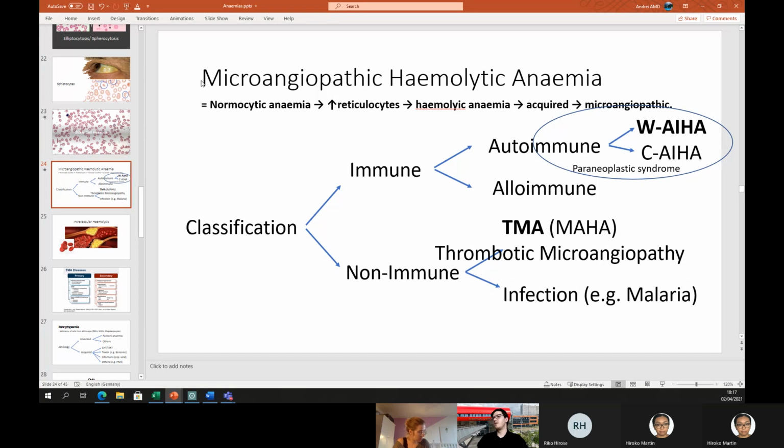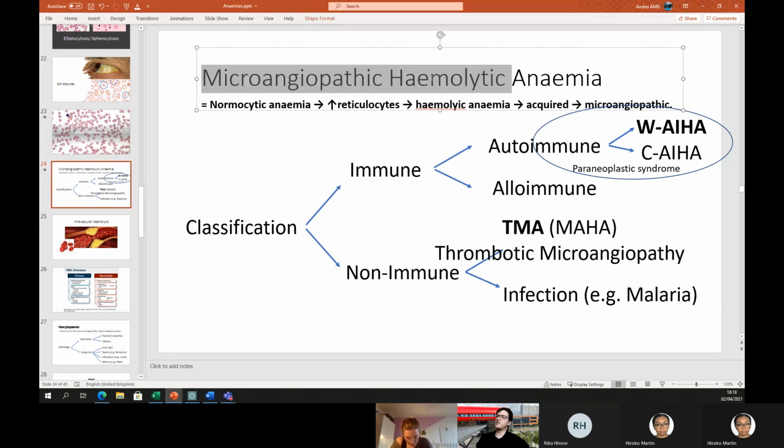So once again, this is microangiopathic hemolytic anemias. They occur in capillaries. And why does that happen? Well, either there's some sort of antibody that is upset with our red blood cells and is attacking them, or there's some sort of either parasite or this dubious TMA that we'll be talking about later.